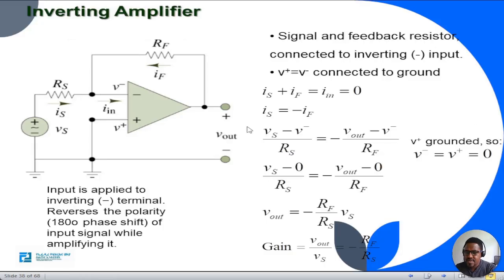When you see our PowerPoint, V out becomes minus Rf over Rs multiplied by Vs. That means V in. So our gain for the inverting op-amp, V out over Vs, is minus Rf over Rs. This is our gain. You see how we analyzed the gain of the op-amp for inverting.